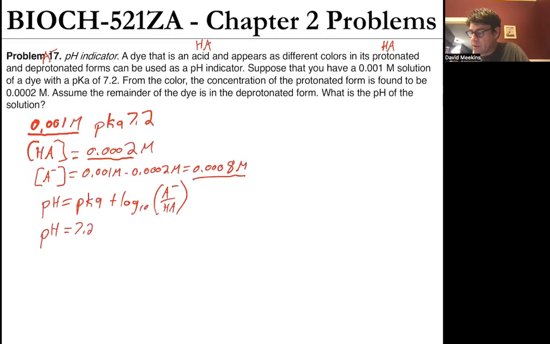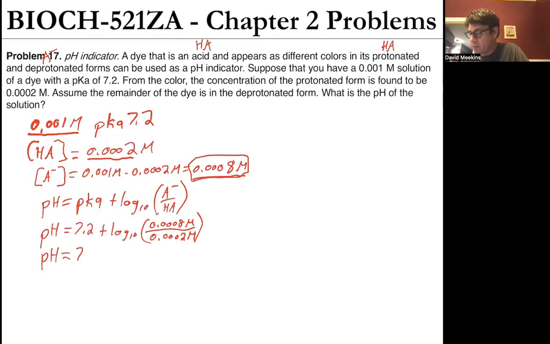So that's 7.2 plus the log base 10 of the conjugate base concentration, 0.0008 molar, over the acid concentration, which is 0.0002 molar. You can plug that into your calculator. If you have any issues with that, let me know. I can make another video.